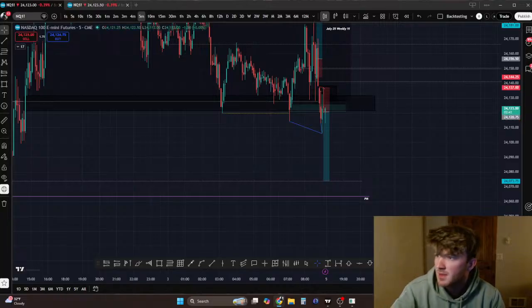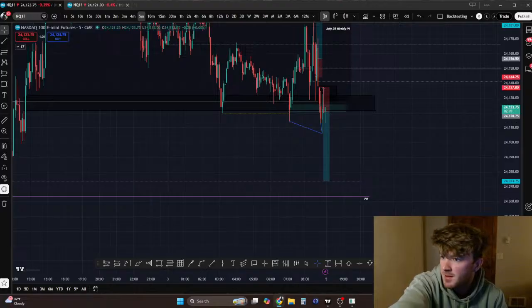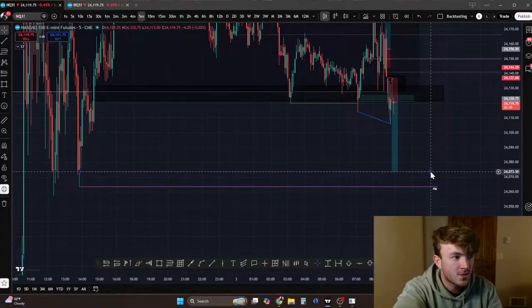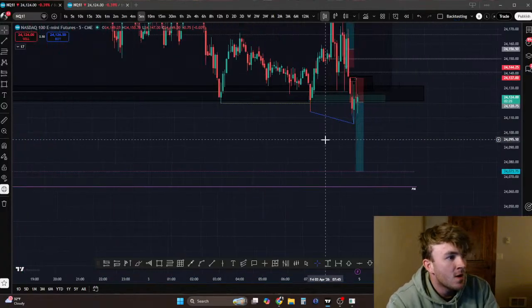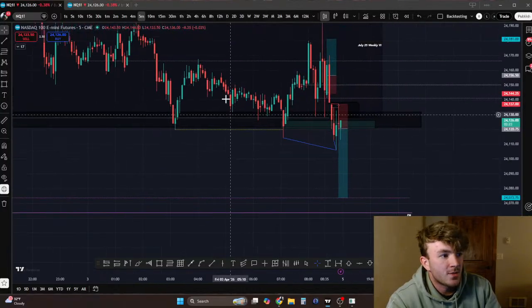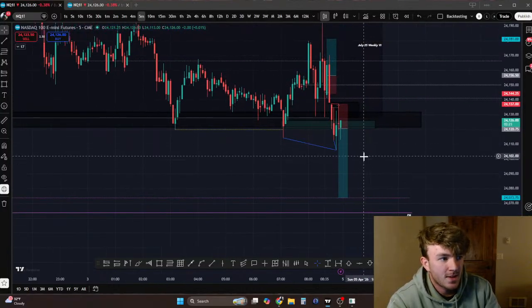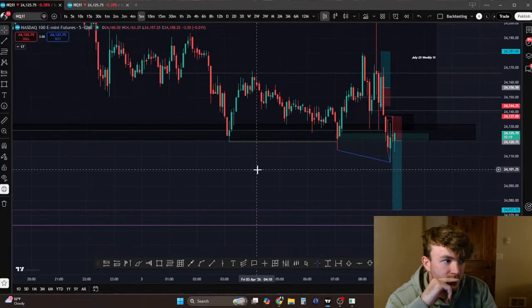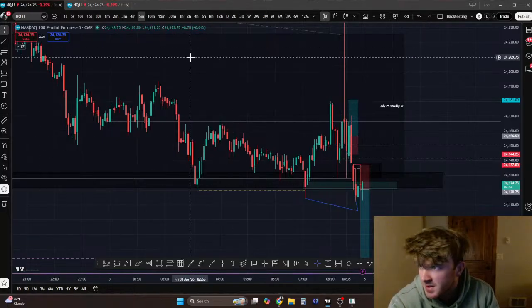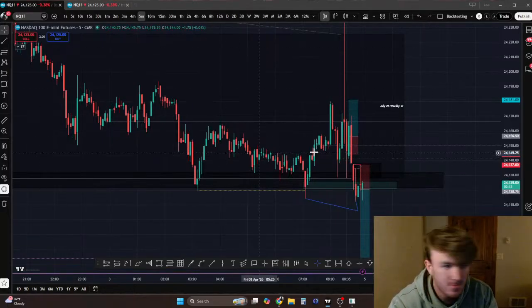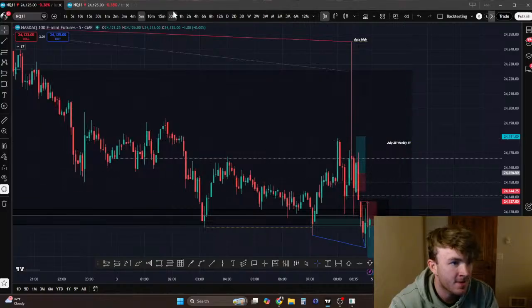Stop filled. Okay, those 2 of them got stopped at break even. So it's just 2 cons. But basically I'm kind of anticipating this to be AMD to the downside. I mean, we filled this gap here.